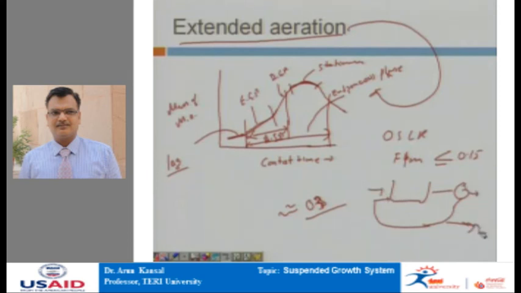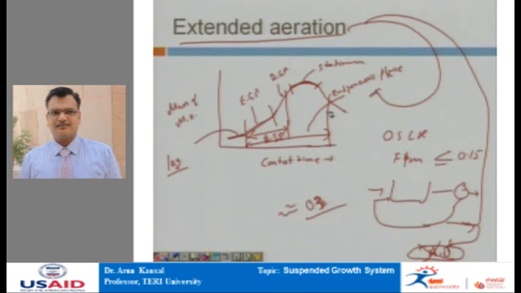This sludge in a normal process goes for further stabilization in an anaerobic digester or any other biological treatment system.